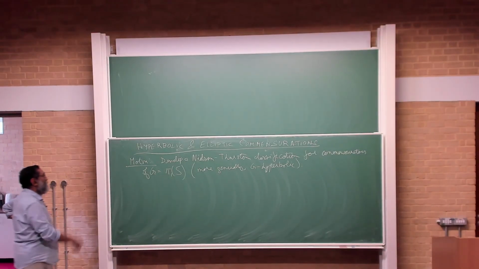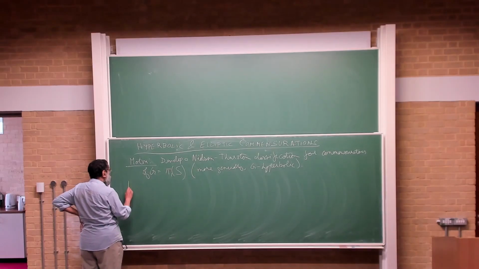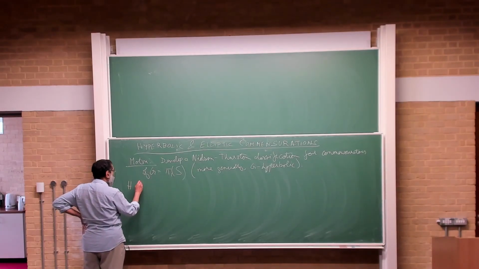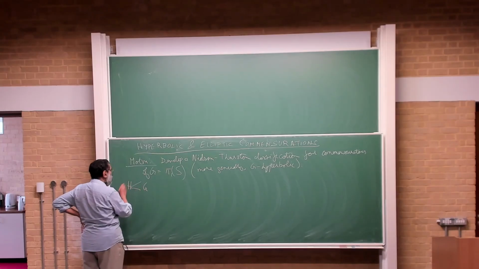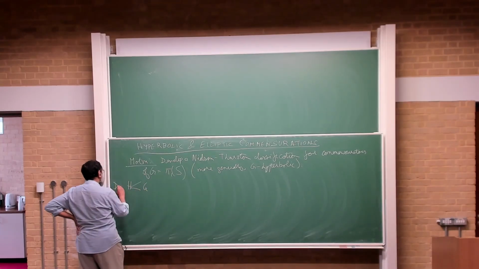Okay, so what's a commensurator? So you have H contained in G, so let's say it's a subgroup of a group. It's a definition.